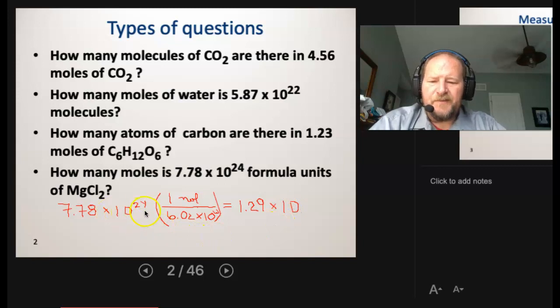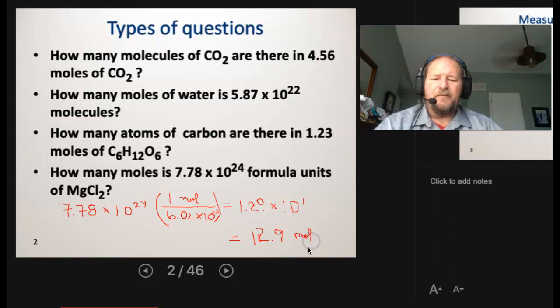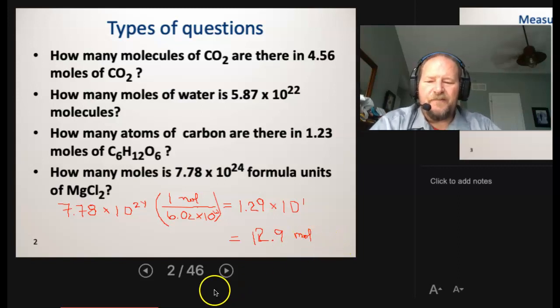And again, I'm going to use my exponent rules. 24 minus 23 will be 10 to the 1. And again, since it's a 1, I'm going to go ahead and expand that. And so my final answer is going to be 12.9 moles. And again, we could subscript this magnesium chloride if we'd like.